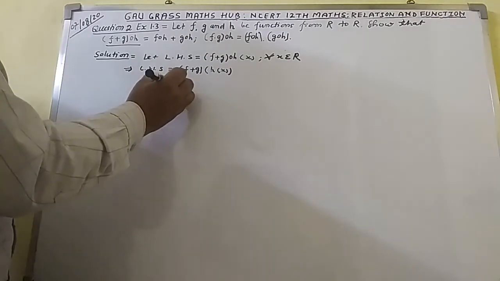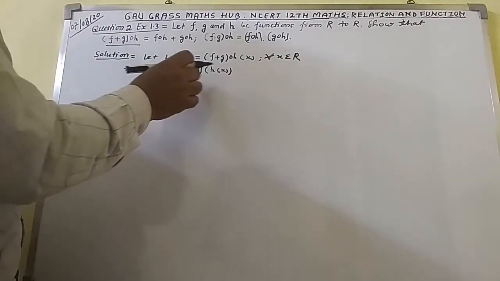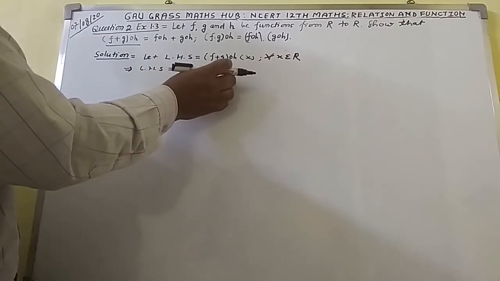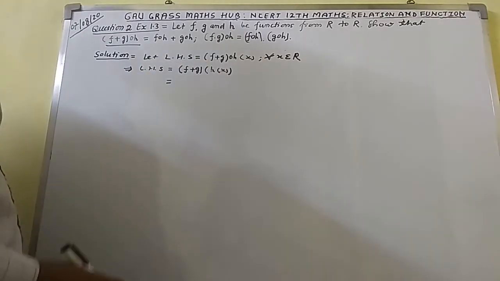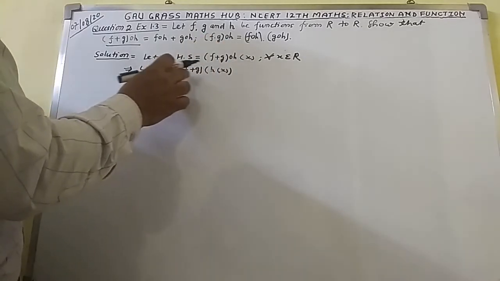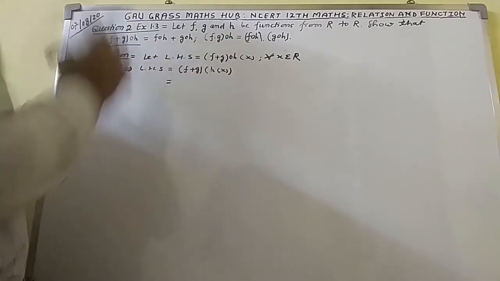Now again (f + g) is there in one bracket and this h(x) is there. Now this h(x) will enter inside, the bracket will be broken.